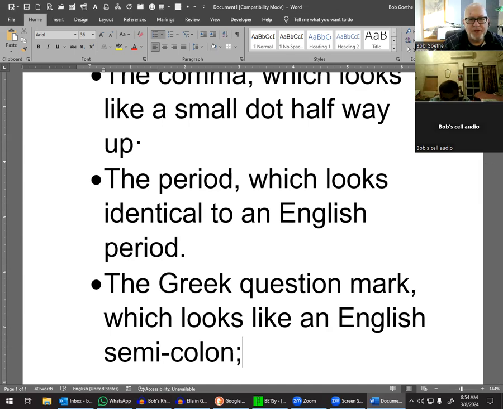So these are the 3 kinds of punctuation marks you see: the comma, the small dot, the period, and the question mark, which looks like a semicolon.